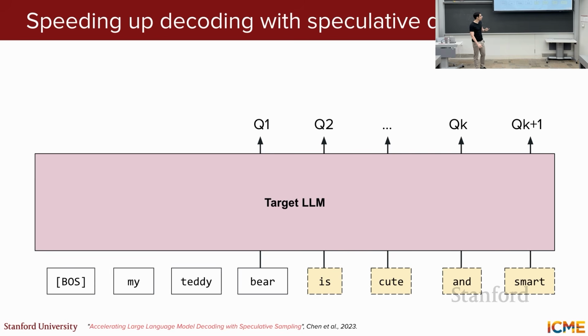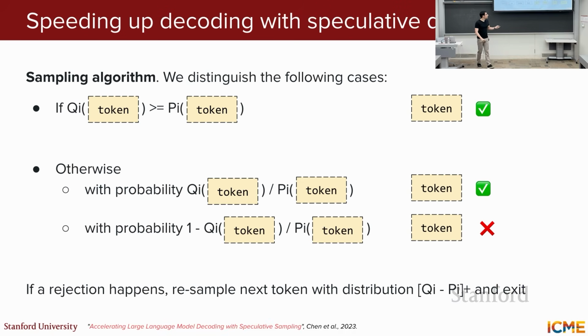And then we're going to see that by having some rule on the output distribution of each of these tokens, you can simulate a probability distribution of each next token that looks like the one of the target model. So here's basically how it goes.